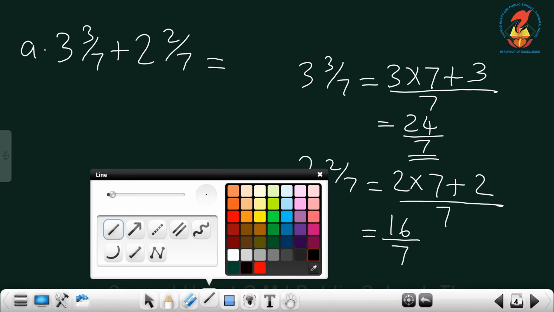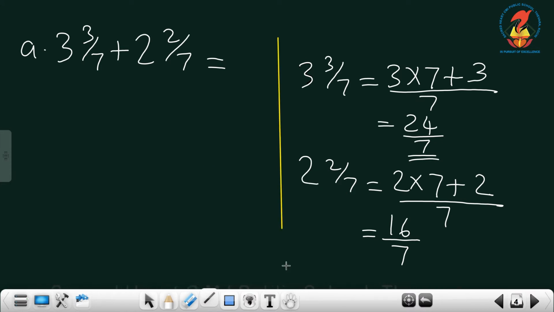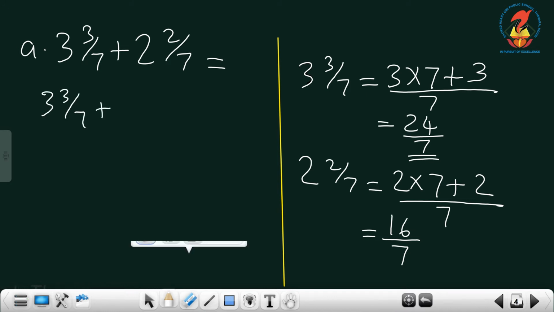Now we have changed both mixed numbers to improper fractions. After that we can add. How can we add this? Tell me. 3 and 3 by 7 plus 2 and 2 by 7, I need to write it again. We put an equal sign and do it like that.